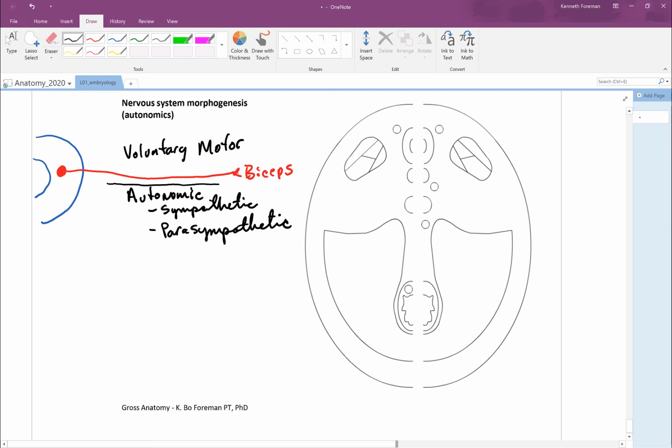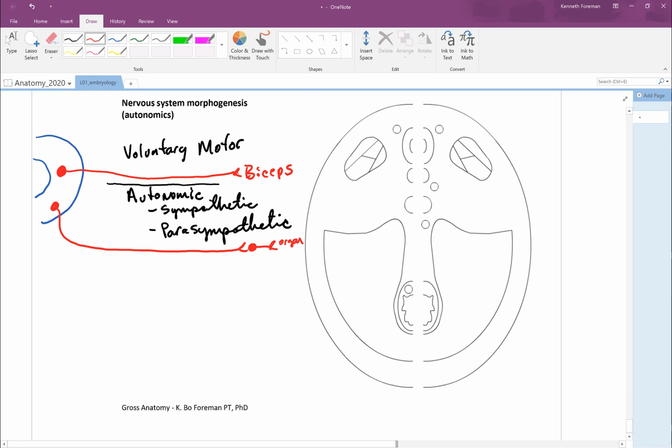But what is critical is that it's still a motor system, but now it's a neuronal cell body system. So we have a cell body in the spinal cord, which is going to go out, and it's going to synapse, and then go to an organ. Okay?